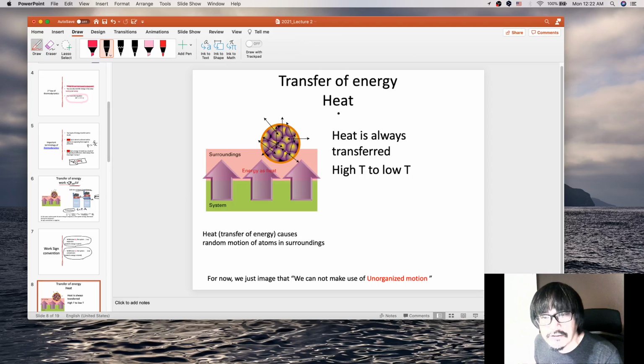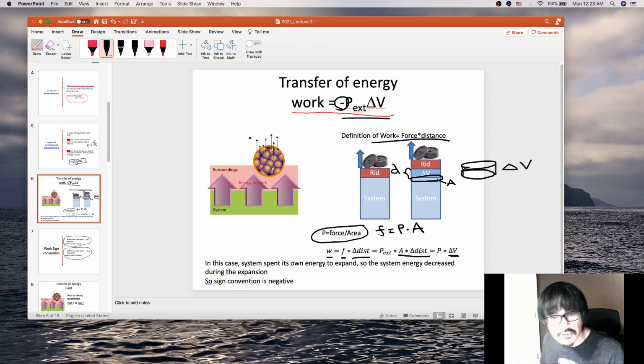Alright, transfer of energy number 2, which is the heat. Heat is always transferred from high temperature to low temperature, and whenever I think about heat, it is always associated with randomized or unorganized motions, and unorganized motions are very difficult to use. So for example, in work, everything is moving in one direction. I forgot to talk about this one, but in this particular case, the lid is moving upward, right?